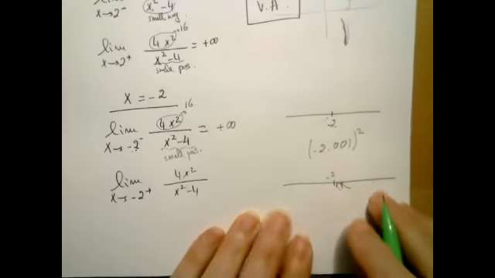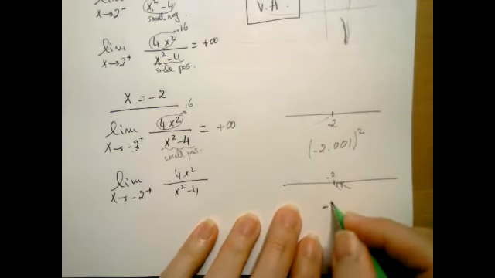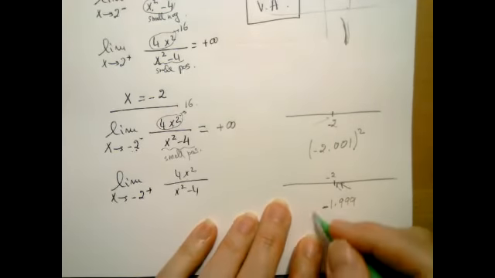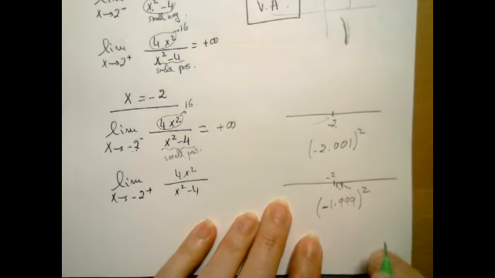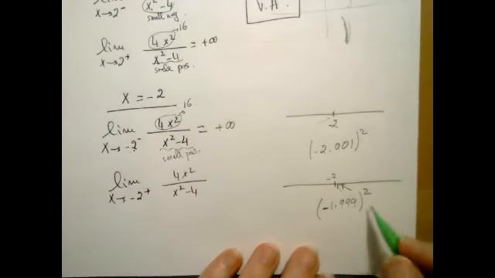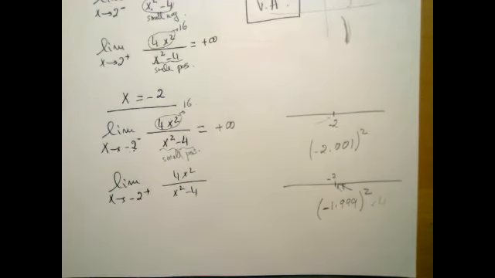So what's the number in my mind? Any of you? Just speak up, guys. -1.99, whatever, and that's the one that you're going to square. So two things: it's going to become positive, and 1.99, when you square it, you're going to get a number less than 4, because you need 2 squared to get 4.